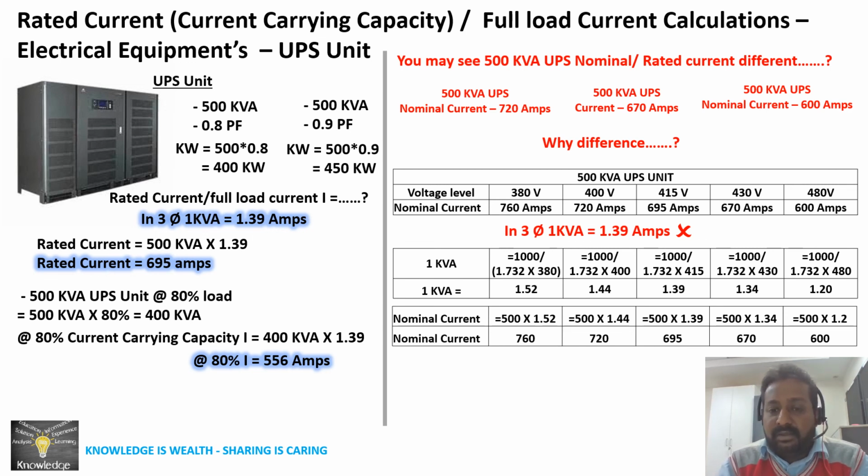Obviously they have taken a voltage other than 415, such as 400 volts or 430 volts. That is why the nameplate current carrying capacity or nominal current is different from our thumb rule calculations.